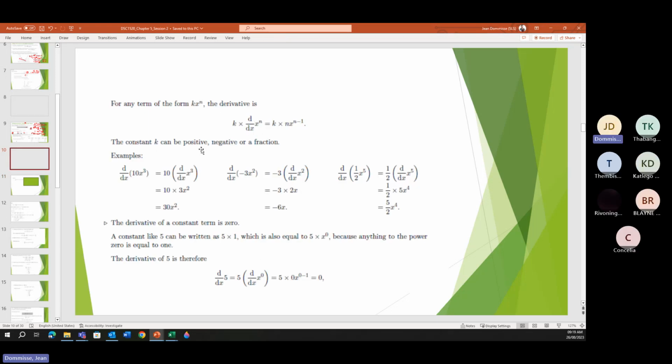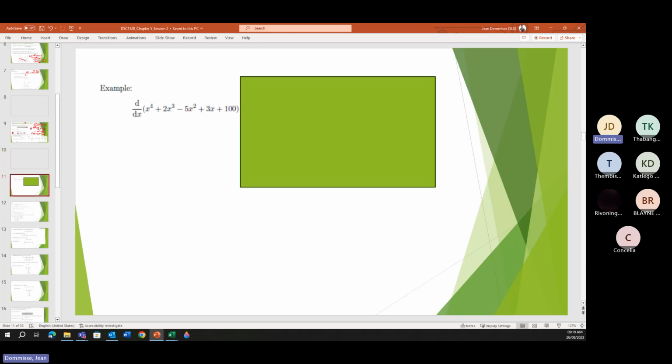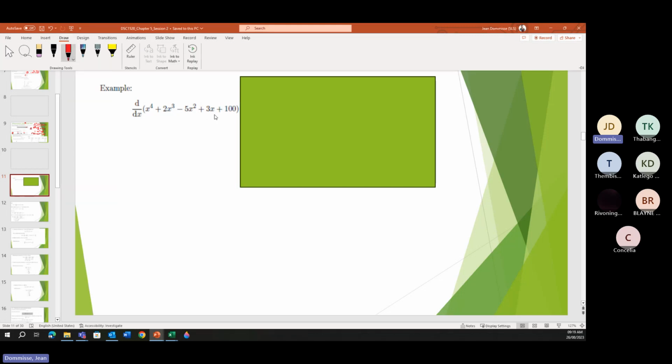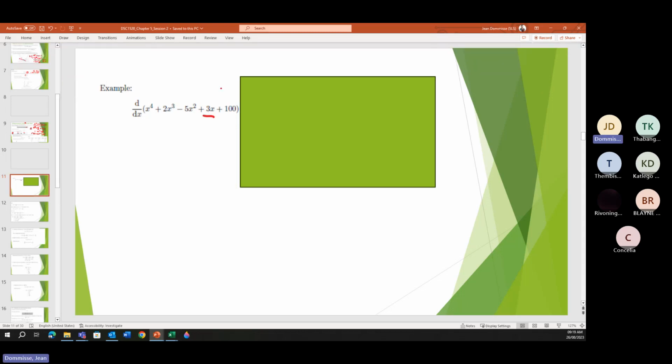What they showed us here is very important, and we will get to it as well: when we get to something like that, we will see what happens when it becomes x to the power of 0. So we will quickly show that to you guys as well.